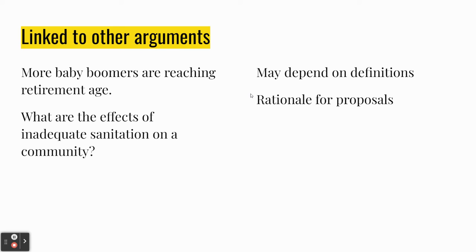We're going to look at inadequate sanitation, inadequate water treatment, and we're going to look at what does that do to the whole community. And because it does X, Y, and Z to the whole community, we should pay for this because it's cheaper than having inadequate sanitation. It's a rationale for proposal. It's always going to be linked to other arguments.